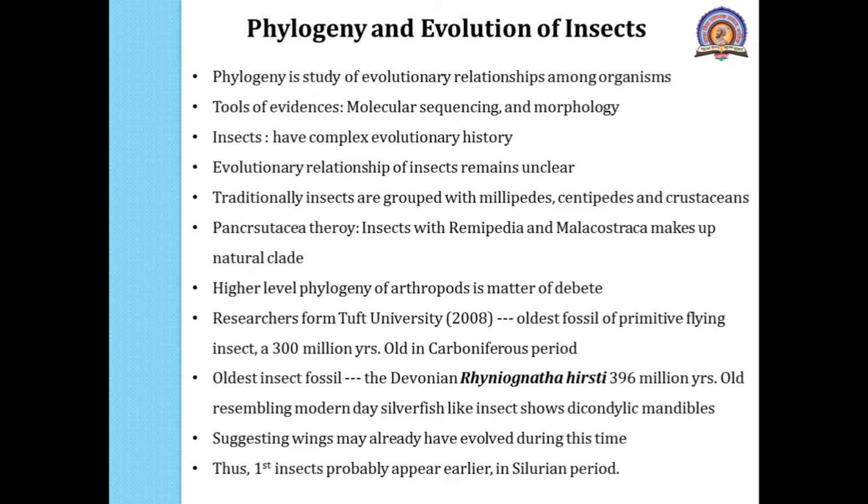Again, in the case of the Pancrustacea theory, the insects together with the Remipedia and the Malacostraca make a natural clade, where the insects along with these crustaceans are put into a single taxon. The other terrestrial arthropods such as centipedes, millipedes, scorpions, and spiders are sometimes confused with insects, since their body plan can appear similar, sharing a jointed exoskeleton.